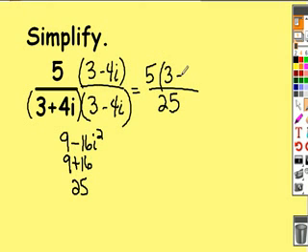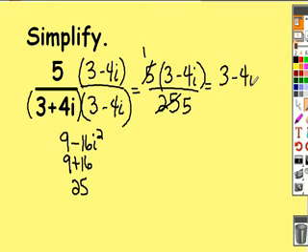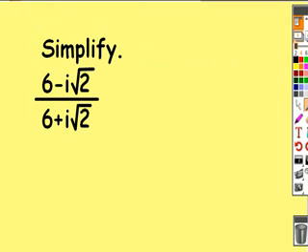You don't have to rewrite it. You cancel the 25 and the 5, and distribute it into the complex number. Next, here you also want to multiply by the complex conjugate of the denominator.